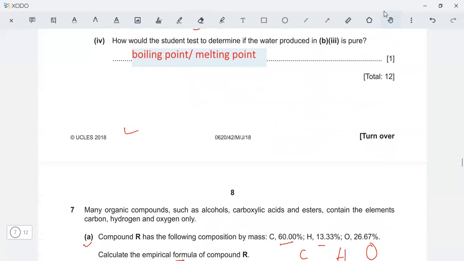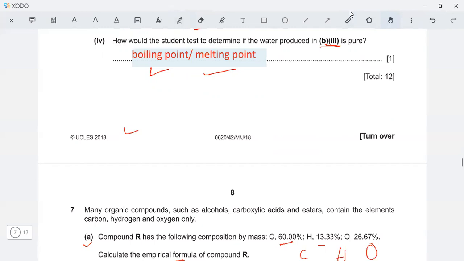Now, fourth one: how would the students test to determine if the water produced is pure? The purity of water can be checked by means of boiling point and melting point. If the water is pure, then the boiling point will be constant, the same as it is, 100°C.